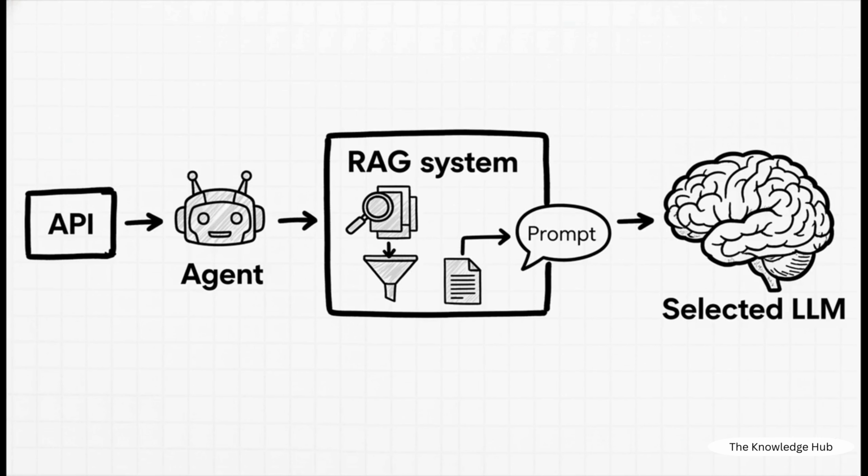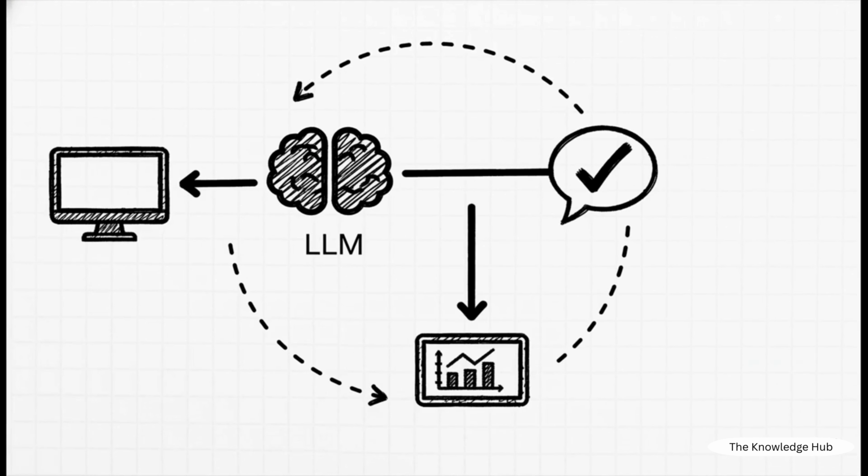If you've built an agent, it decides, okay, do I need a tool for this? If it needs info, it calls your RAG system. The RAG system does its thing, retrieves the best documents, re-ranks them, and then all that good stuff gets dynamically plugged into your version-controlled prompt, which then gets sent to the specific LLM you already chose through your systematic evaluation. And finally, the model generates its response, and that gets sent back to the user.